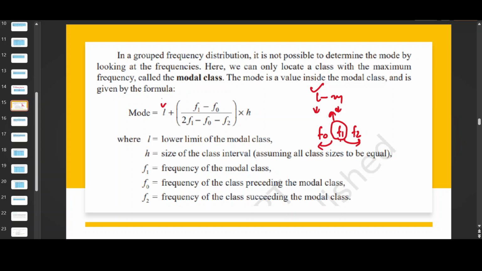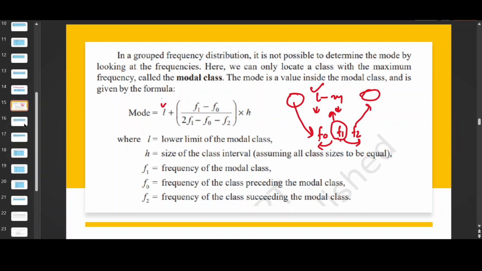That means this frequency is for the class succeeding the modal class after M, and this is the frequency of the class before the modal class, before L. Clear? This is the whole understanding about this formula.